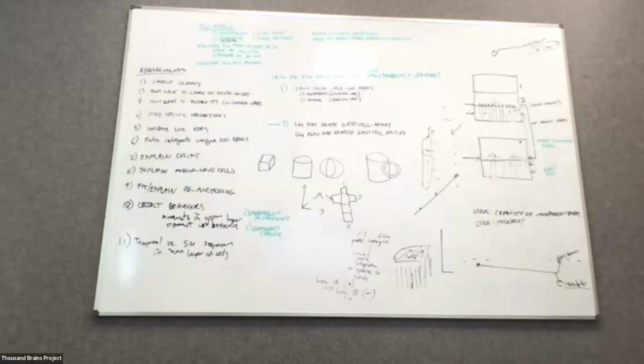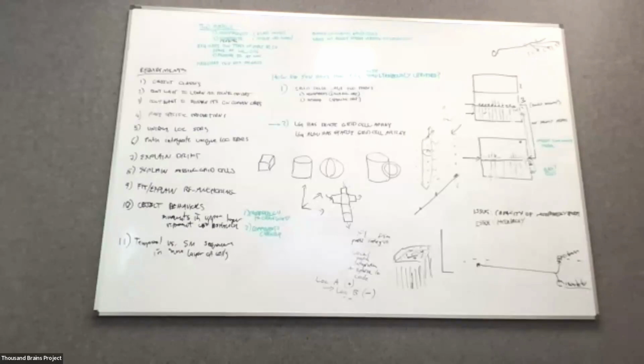Well, in terms of how we might implement it in Monty, you kind of have the same graph, but when you have a strong hypothesis that you're on a particular object, there will be unique features that you will predict at a location that you wouldn't have predicted otherwise.